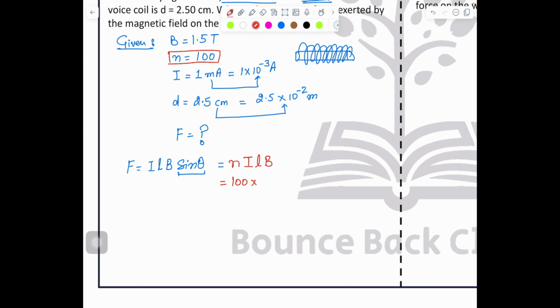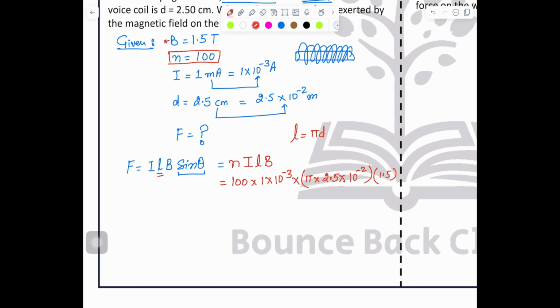Current is 1 multiplied by 10 raised to power negative 3. Now L you need to solve. I told you earlier, L is equal to pi D. So pi times D, multiplied by 2.5 times 10 raised to power negative 2, and B is 1.5, in a bracket.